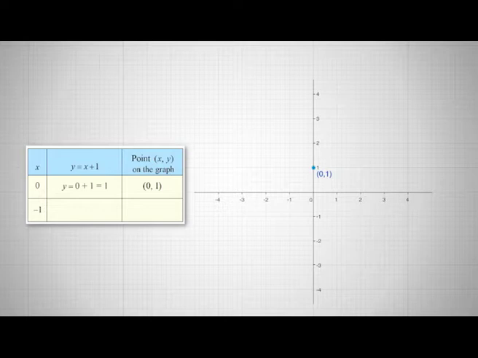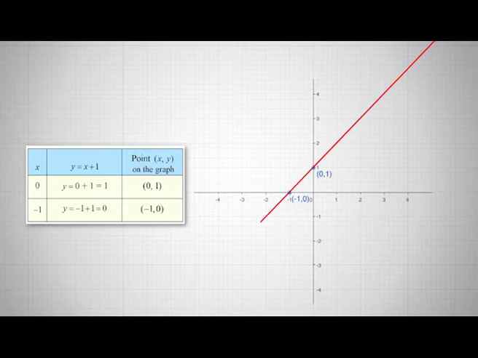When x value is negative 1, y value is negative 1 plus 1 equal to 0 and the corresponding point on the graph is (negative 1, 0). Then we can draw the unique straight line passing through (0, 1) and (negative 1, 0) and it is the graph of the function y equal to x plus 1 as well as the straight line y equal to x plus 1.